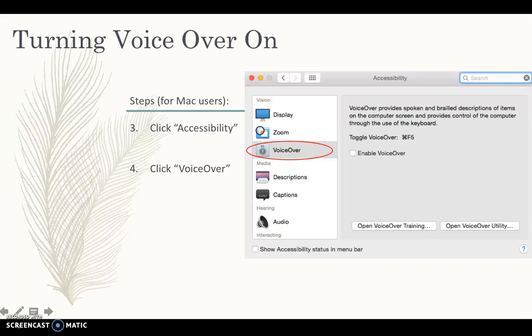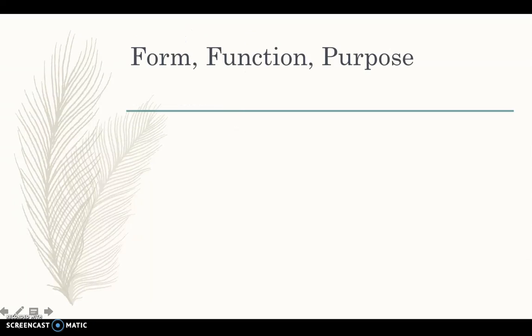To use VoiceOver on devices such as iPhones or iPads, users only have to go to Settings, and then under General Settings, the Accessibility and VoiceOver is right there. VoiceOver is going to be used by students and people with visual impairments.